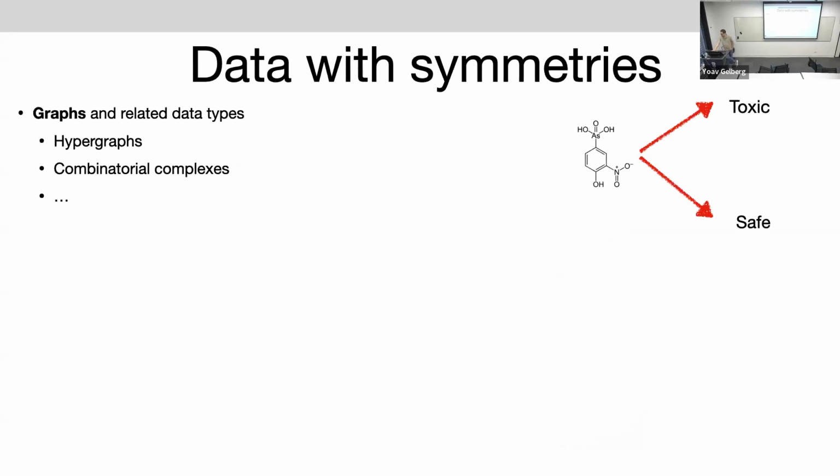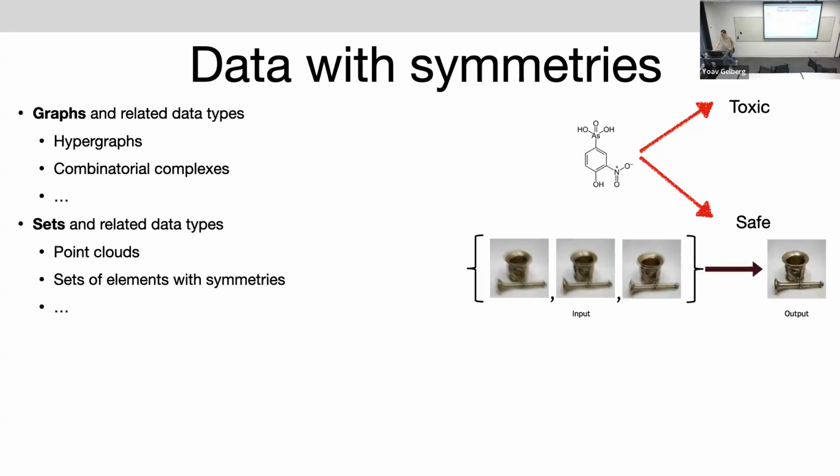When we talk about data with symmetries, we have several families of data types that we are interested in. Of course, this is not the full thing, but it covers a lot of things that we are interested in. First of all, we're interested in graphs and other related data types, for example, hypergraphs, combinatorial complexes, and things of this sort. We are also interested in sets.